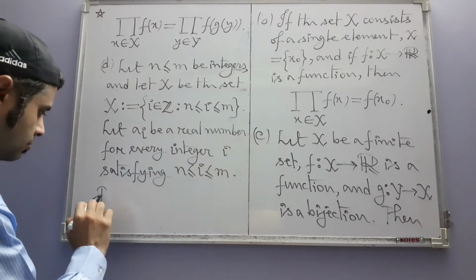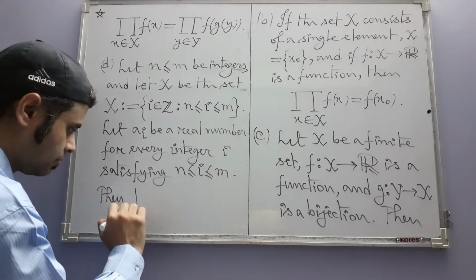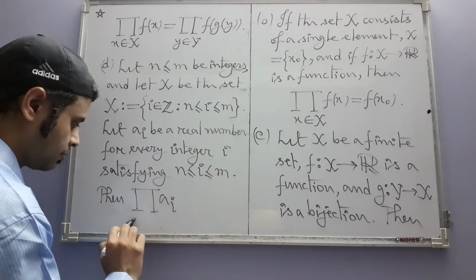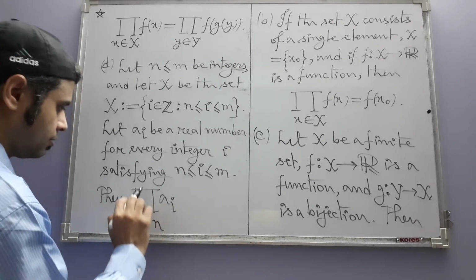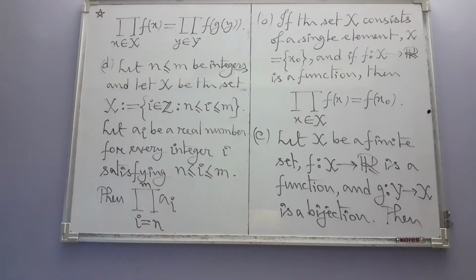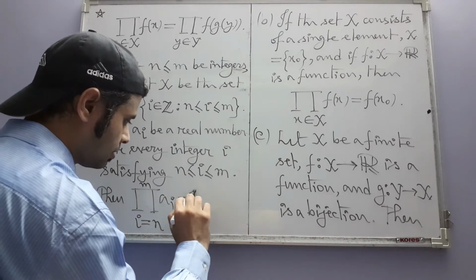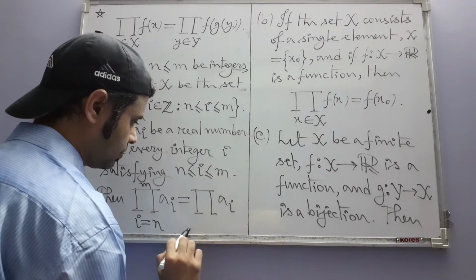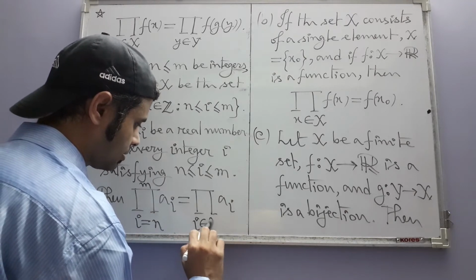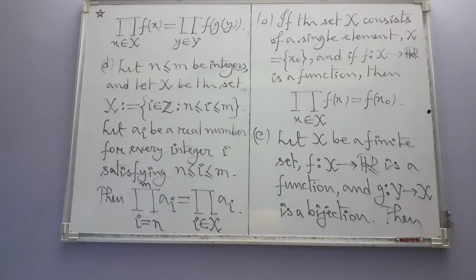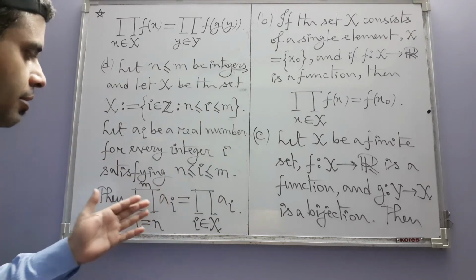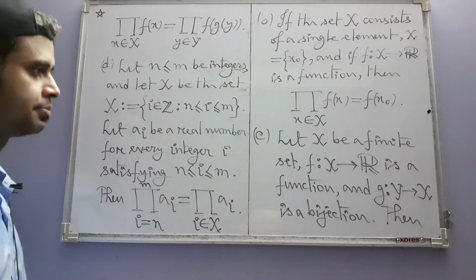Then this finite product where i varies from n to m is equal to this product where i varies over the set X. This is also just like the similar result for sums.